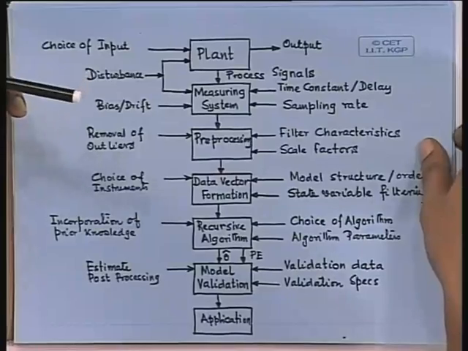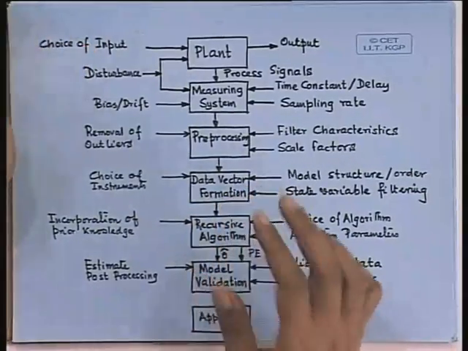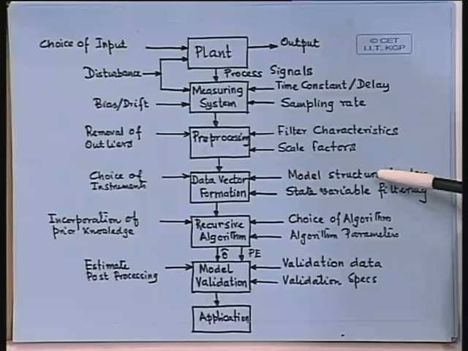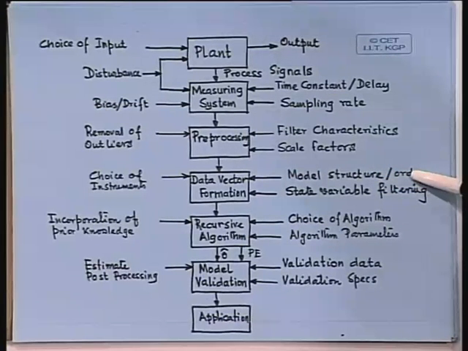After that, you have to form a regressor. The algorithms we have discussed are linear or pseudo-linear regression methods. All of that involves forming what is known as a data vector or a regressor. Before you can apply a parameter update, you need to compute the regressor, and that involves choosing your model structure and the order of the model.